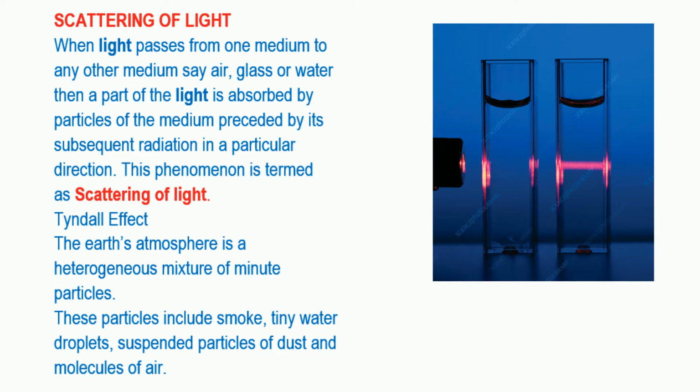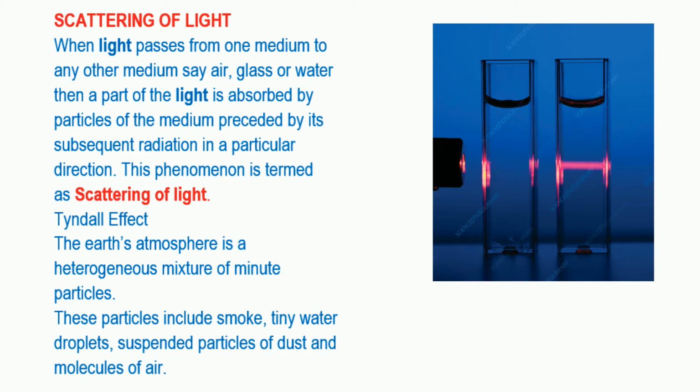Scattering of light means when light passes from one medium to another medium, such as from air to glass, then a part of that light is absorbed by the particles of the medium.